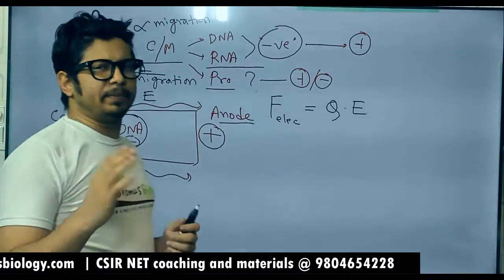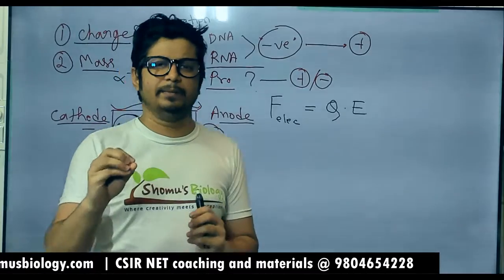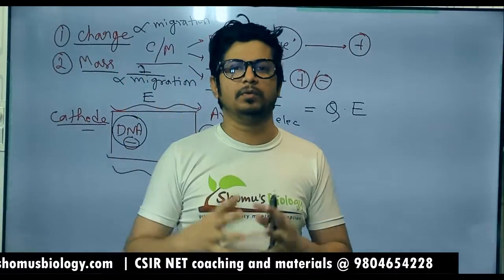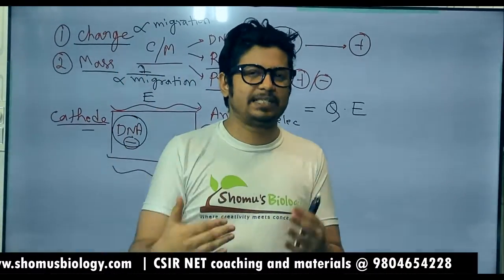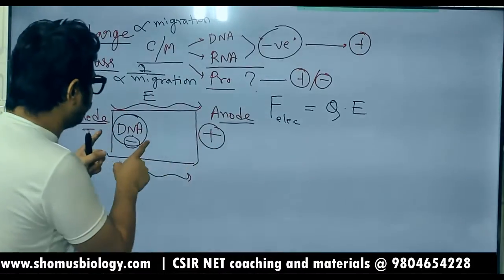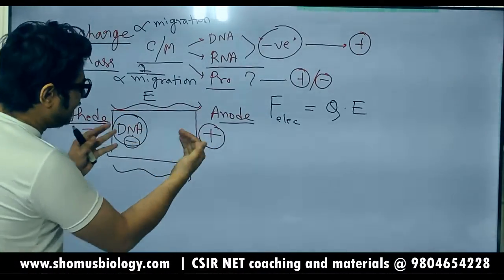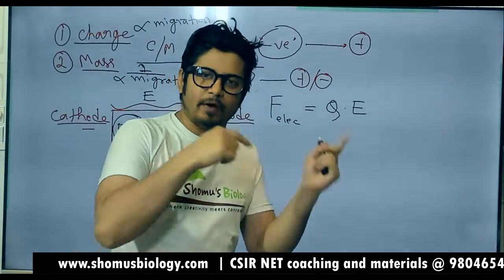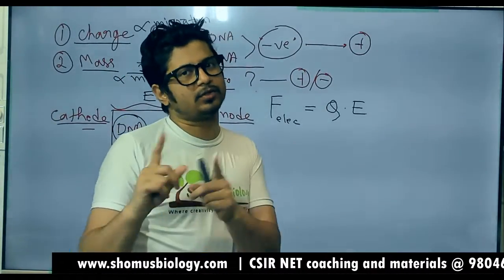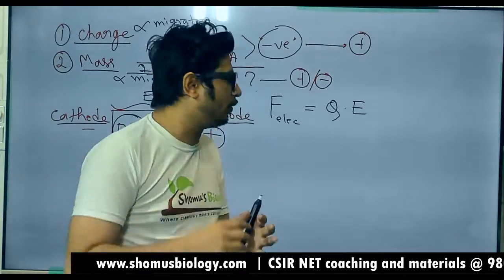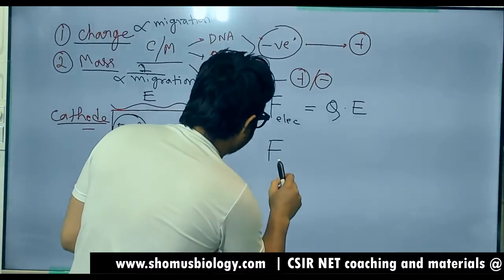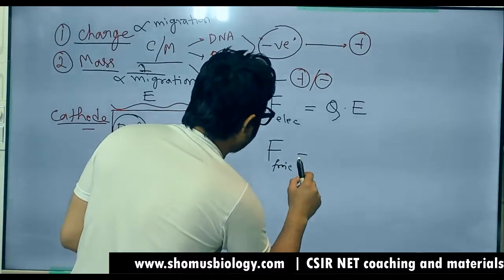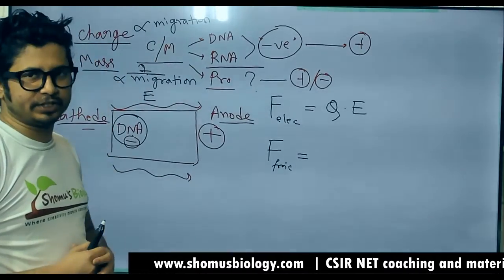Now this is not simple, you understand this, right? It's very simple. Charge applied, the molecule will move. But this is not that simple, because as the molecule moves from one electrode to the other, there is a frictional force applied by the environment itself, either a liquid environment or a solid environment. So we call it frictional force, or F frictional.